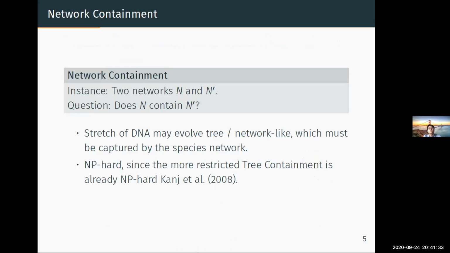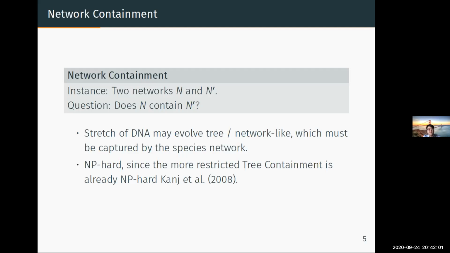Suppose that you know the true phylogeny of the species that you're studying, and you have a species network to describe the evolutionary history of these species. And you look at a small stretch of DNA, it might be a gene, for these species, and they may evolve tree-like, instead of evolving network-like. Or it could also evolve network-like.